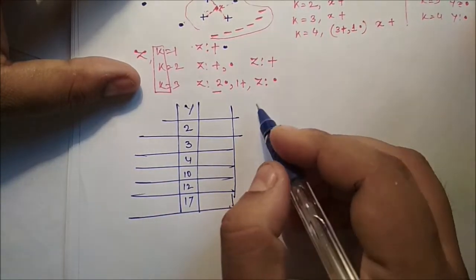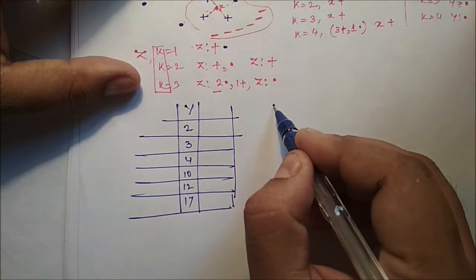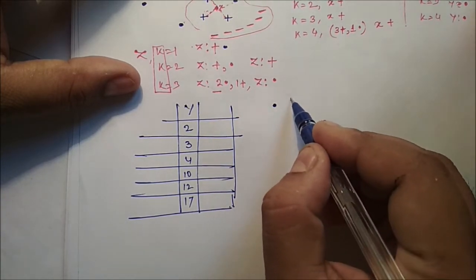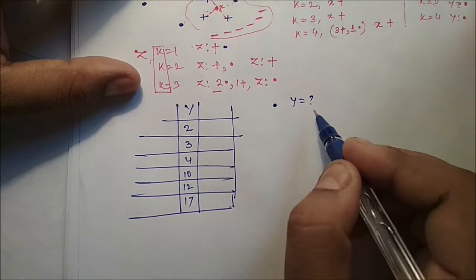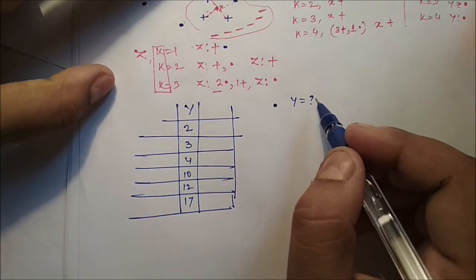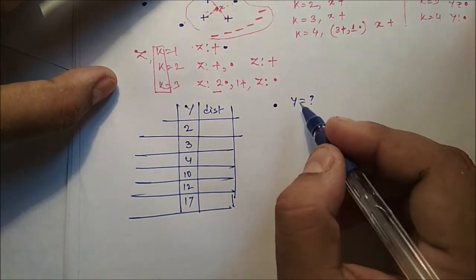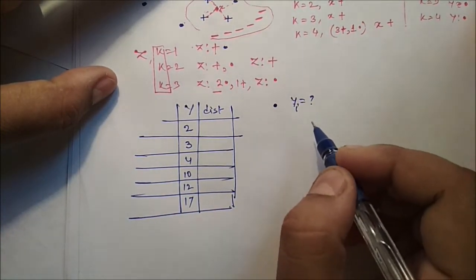These are the class levels. Now a new data point is there somewhere here, and we want to predict its class level, which is numeric or continuous. First of all we have to calculate the distance from y to all the data. So this is yi.